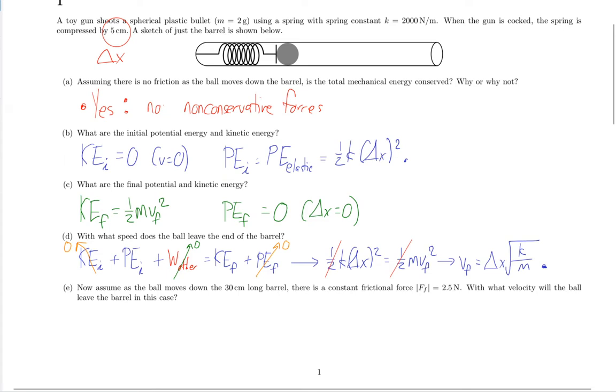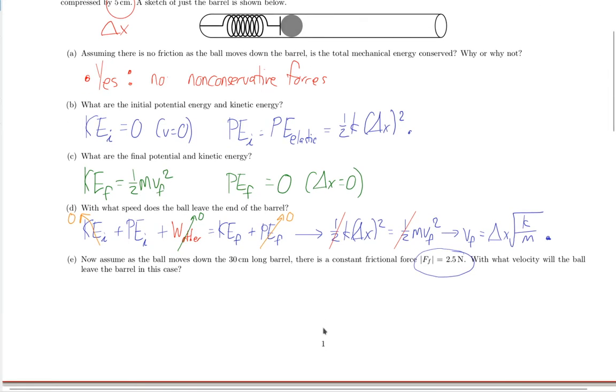In part E, though, now we have turned on another source of work. We have a non-conservative force, this frictional force, and now we need to think about the work that it does. So now I've got the same expression. I'll start from the beginning and cross out all the things that are 0 again.